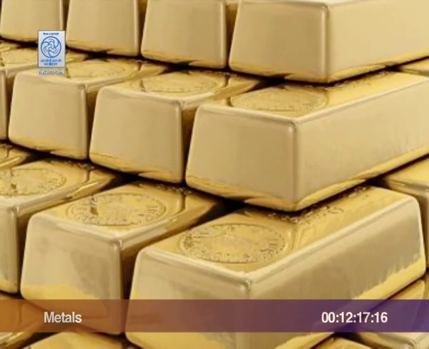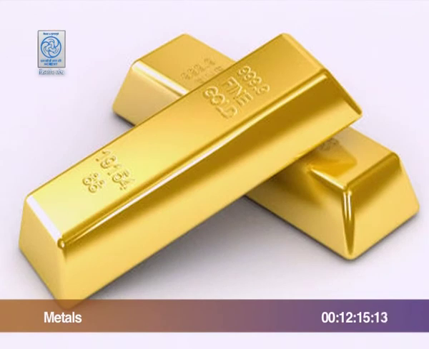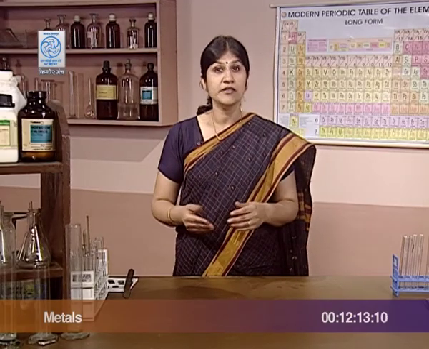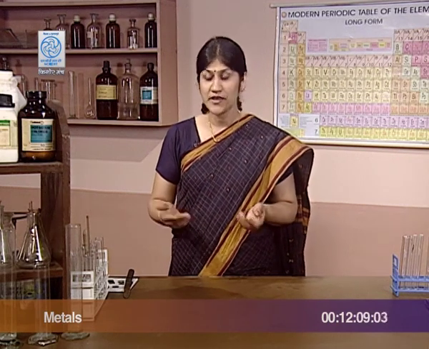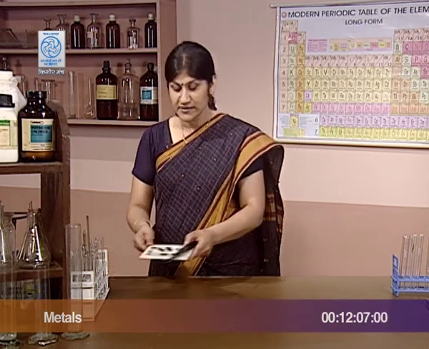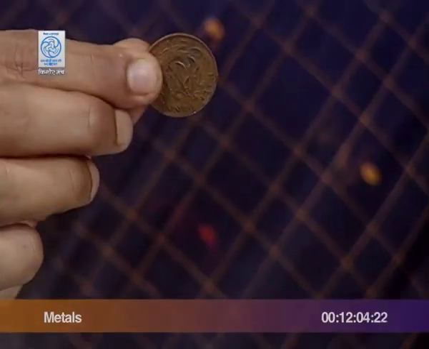After processing, the metals are obtained in pure form. We know that metals in their pure state have luster. Isn't that so? Then why is it that these metal pieces appear so dull?